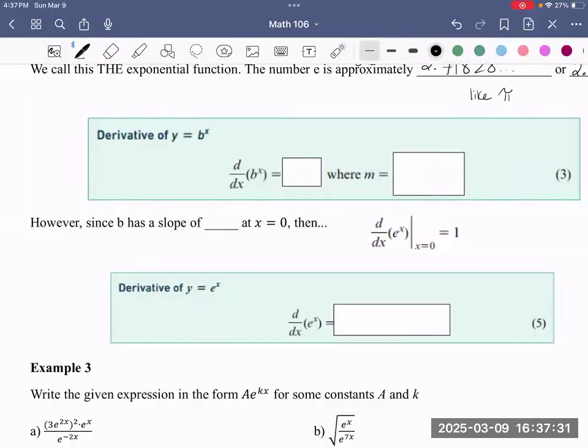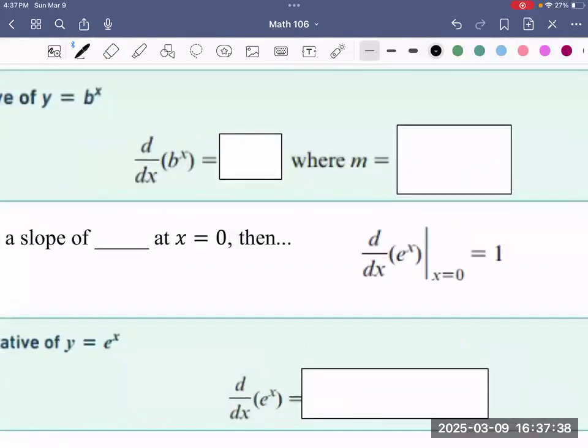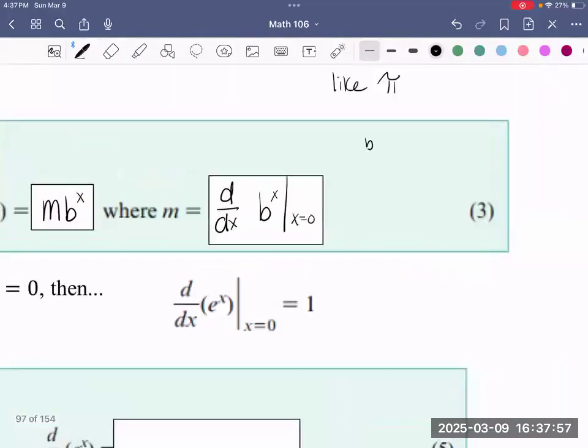Now, with the derivative of y equals b to the x, d over dx of b to the x is m, your slope of b to the x when x is equal to 0. In a special case, if b is equal to 2, your textbook takes the time to show you where you derive this.